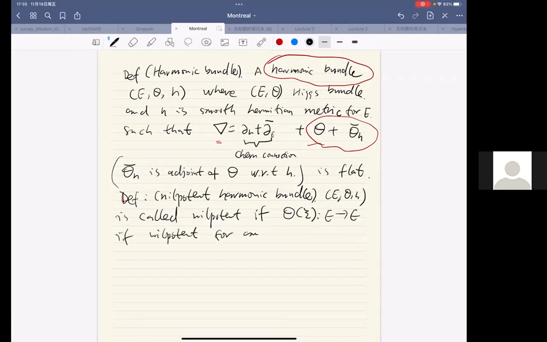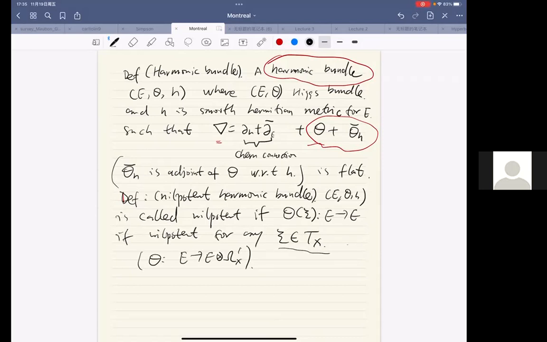Recall that theta is a morphism of E to E tensor one-forms. If you evaluate on any xi in the tangent bundle, you get an endomorphism of E. Then you require that for any xi in the tangent bundle, theta(xi) as an endomorphism of E is always nilpotent.